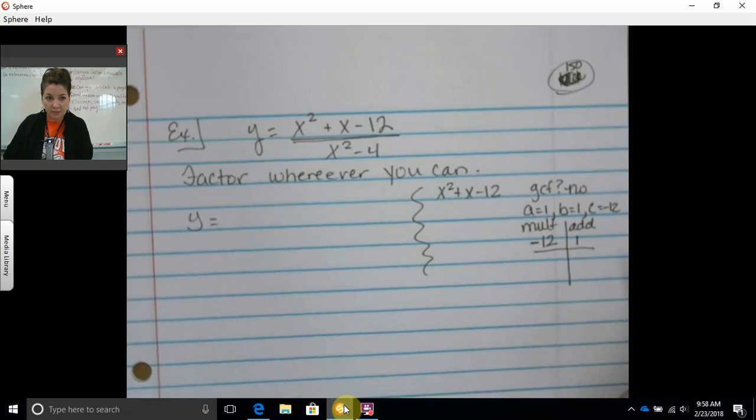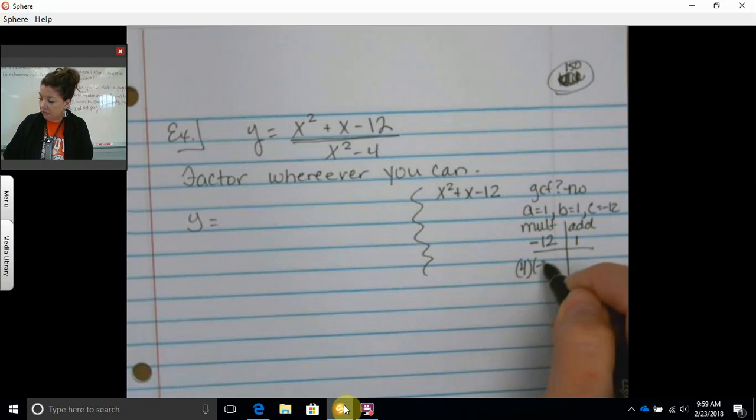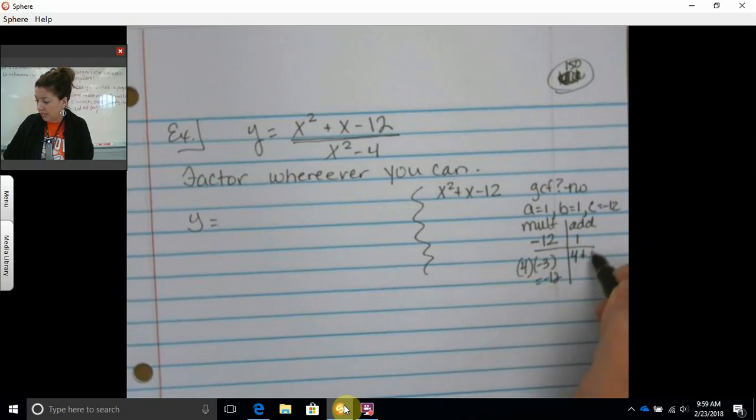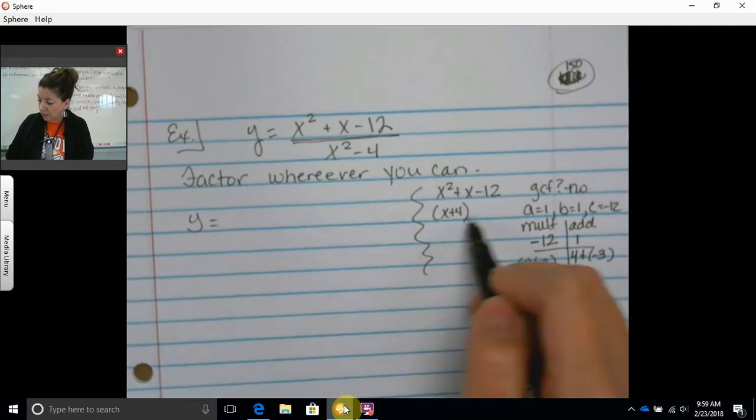What do you think? Three and 4, both positive? 4 times negative 3 is negative 12. 4 plus negative 3 is positive 1. So that's going to be x plus 4 and x minus 3.